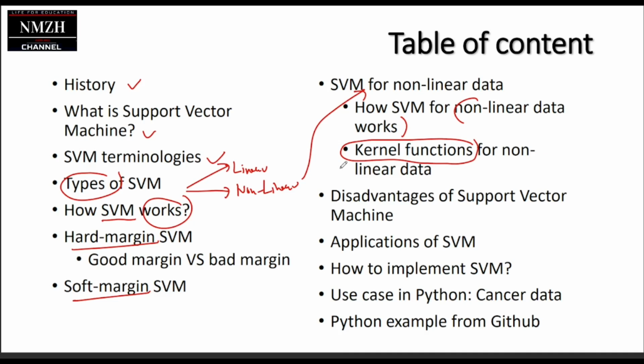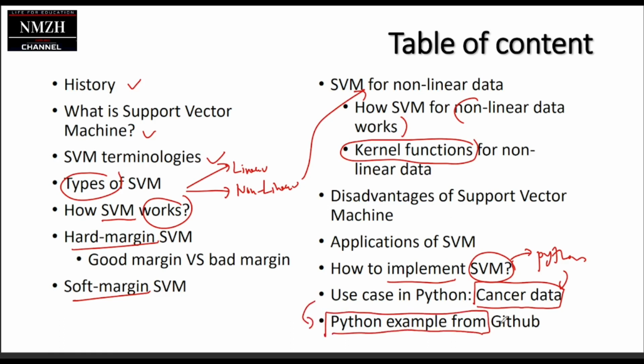Before we end the lecture session, basically we will see how to implement the SVM, especially by using Python, utilizing the cancer data. I'll show several types of Python example codes available publicly from GitHub. Okay, right, let's get started.